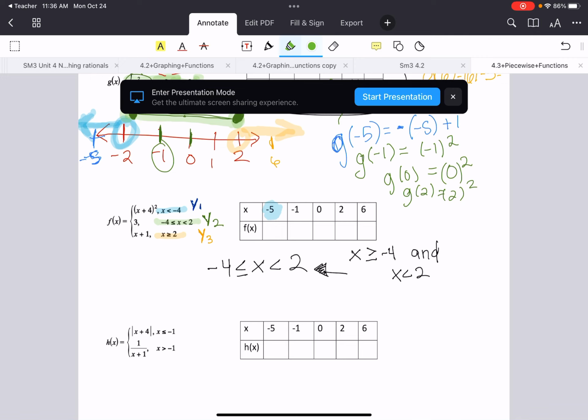Is -1 in between -4 and 2? Yeah. Okay, what about 0? The second one, 0, is the green. 2, is it going to be the green or the orange?